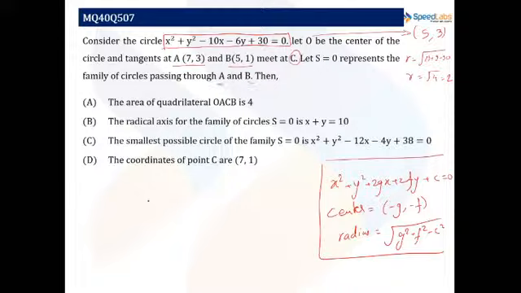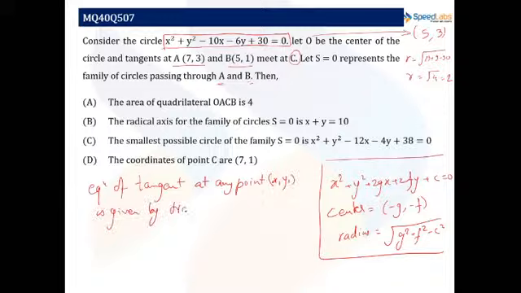Now we can see the equation of tangent at any point (x1, y1) is given by transforming the equation S equals 0 to T equals 0.